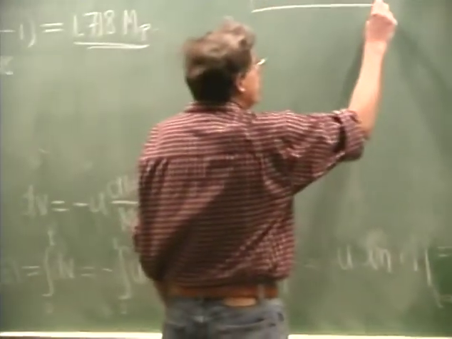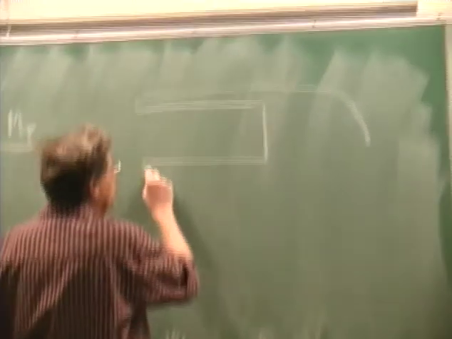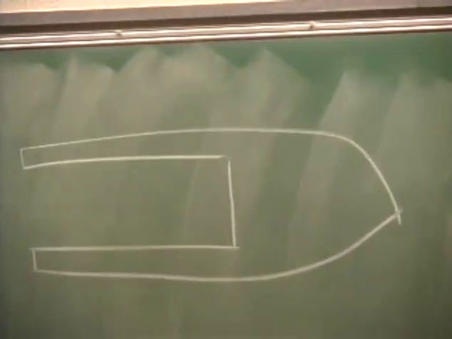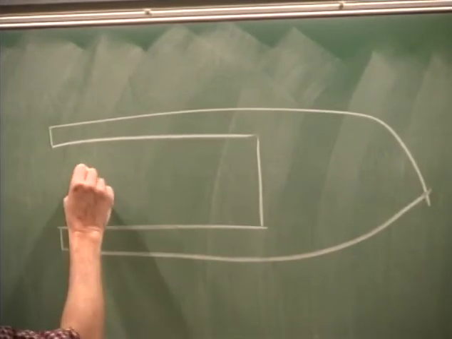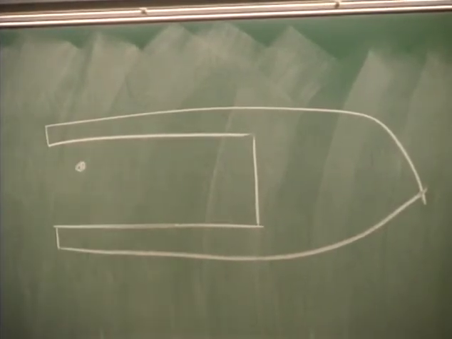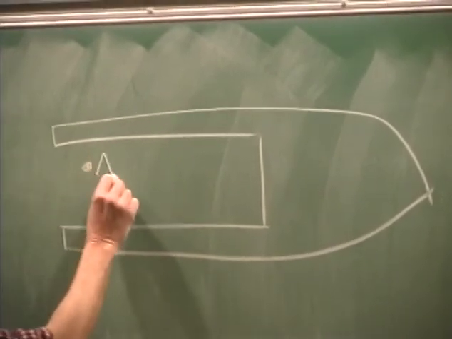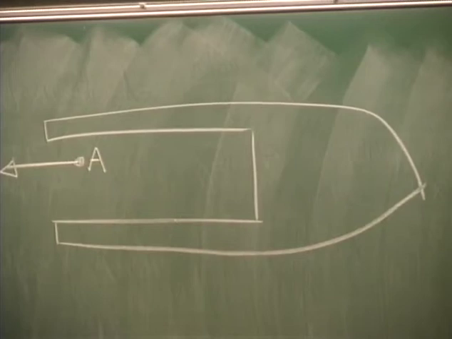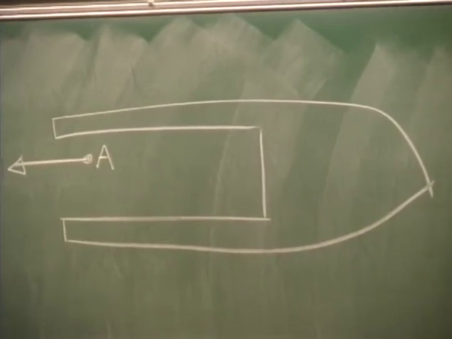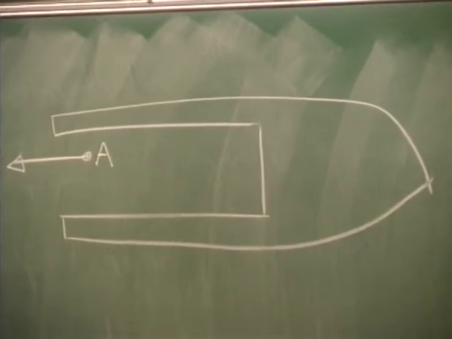Here's the rocket again, and let's examine the combustion chamber there. What's going on in the combustion chamber? Well, I'm burning fuel and there's hot gases all around. Here's one particular molecule. That's molecule A, and it happens to be heading out the back door anyhow. What does that do to accelerate the rocket?